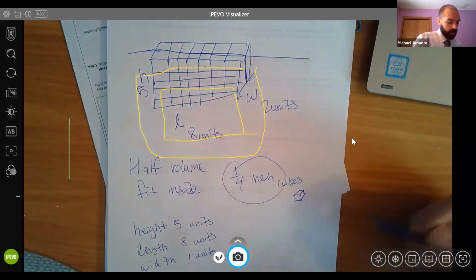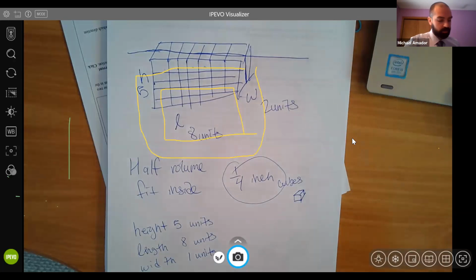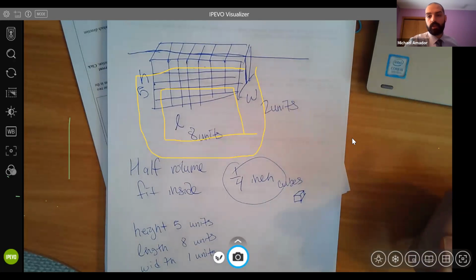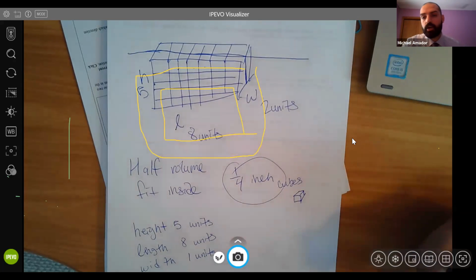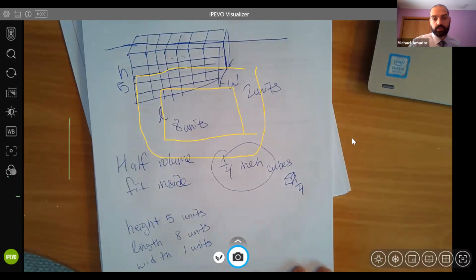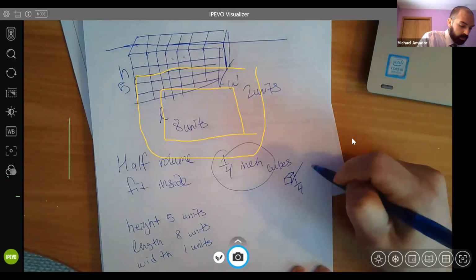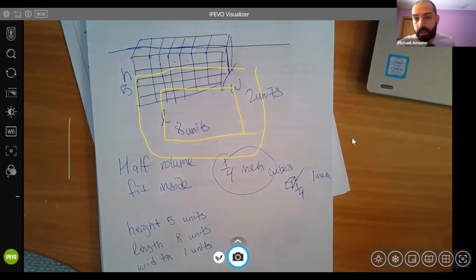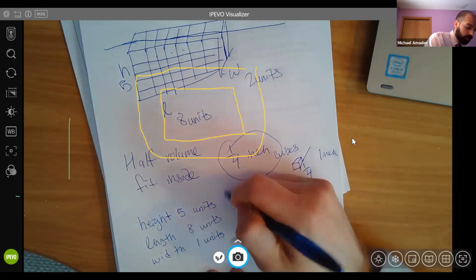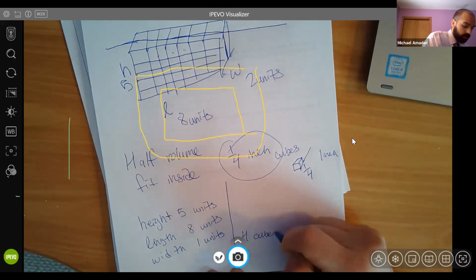How many 1/4 inch cubes can fit inside one? I want you all to think about it. Show me on your fingers, show me on your hands. How many cubes that are 1/4 of an inch can fit inside a depth that is 1 inch long? I see 4, 4, 4. Yeah, exactly. So we can actually have 4 cubes in the width.